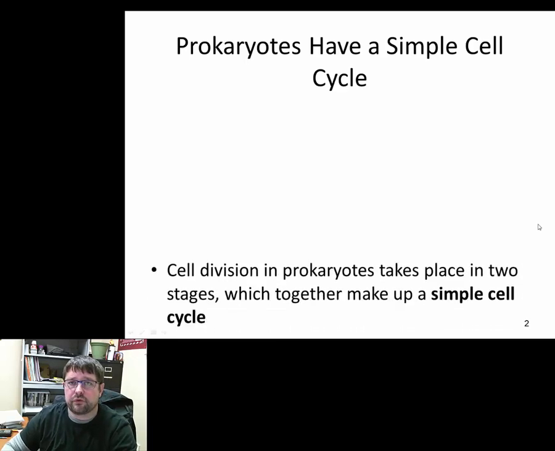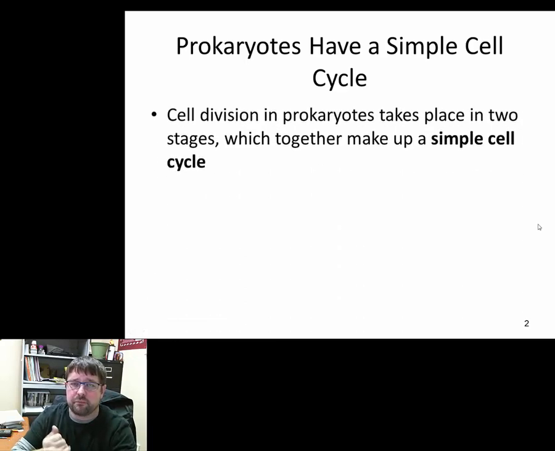You know that prokaryotes are fairly simple, right? There are no organelles. They have a single circular chromosome embedded in the nucleoid region of the prokaryote.